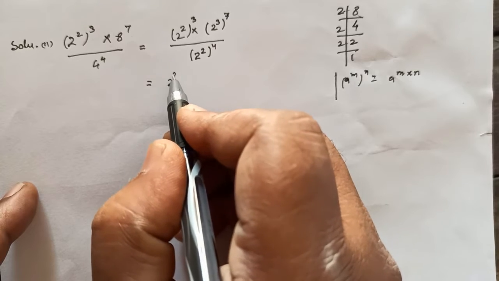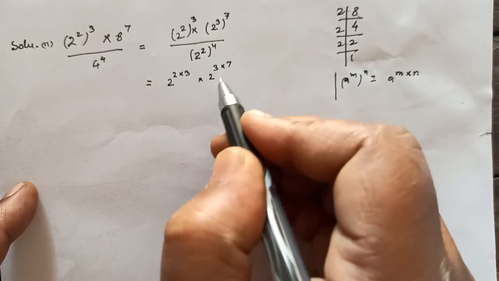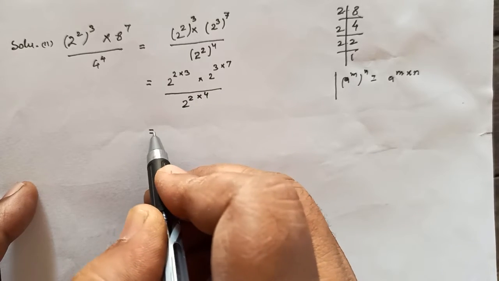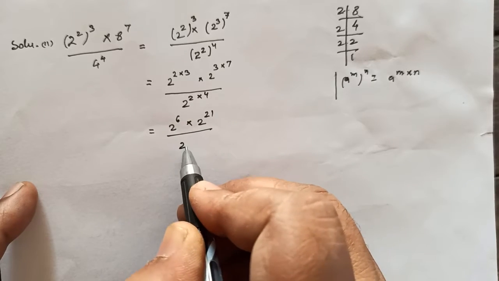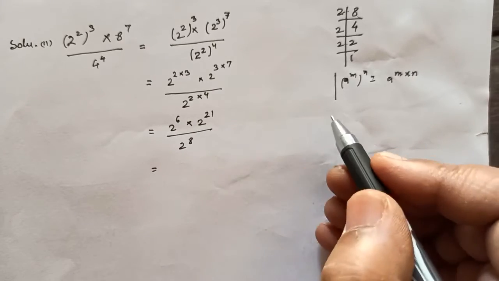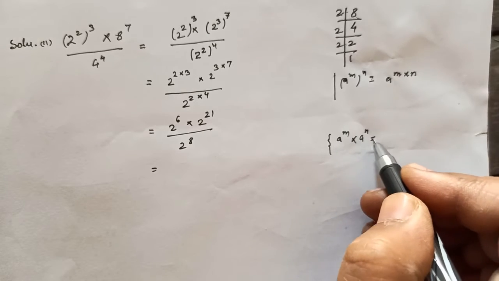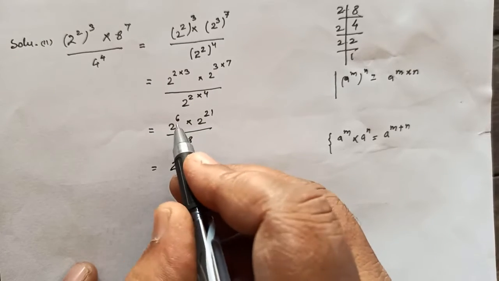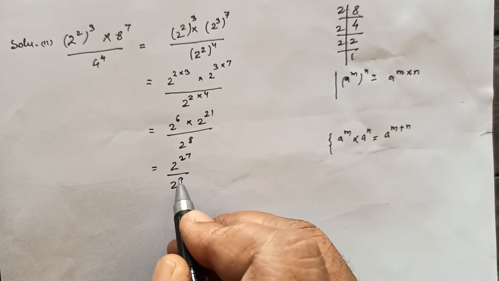So 2 multiplied by 3, 3 multiplied by 7 upon 2 multiplied by 4. 2 power 6, 2 power 21 and 2 power 8. बेस सेम है. मल्टीप्लाई. a to the power m multiplied by a to the power n is a to the power m plus n. 2 power 6 plus 21 is 27. 2 power 8.